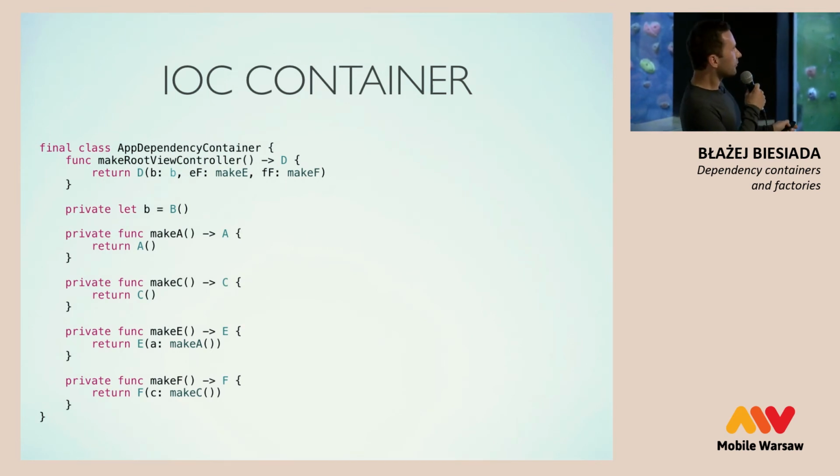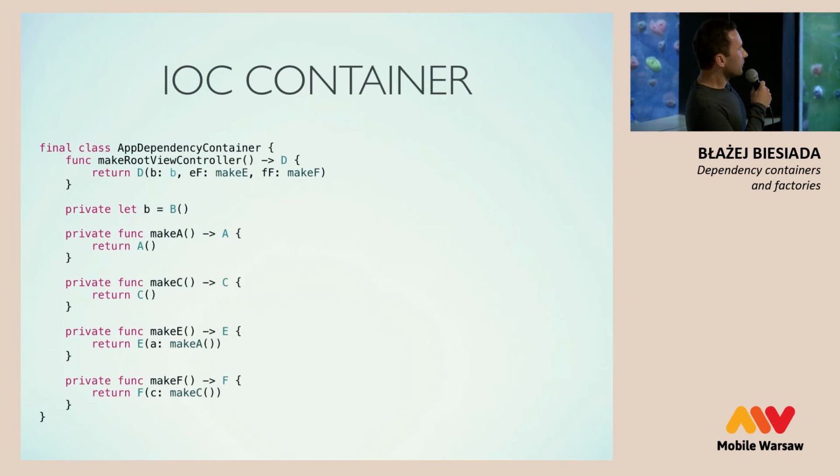You really don't need to hold a reference to a dependency container, because if you hold a reference to object D, then object D holds the references to function E and function F. And I'm saying function, but these are actually methods of the dependency container.